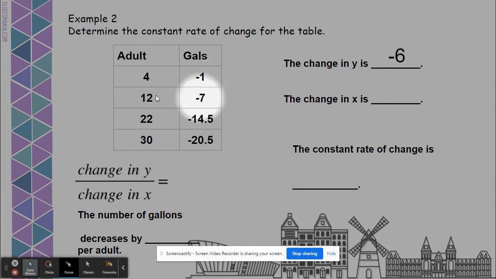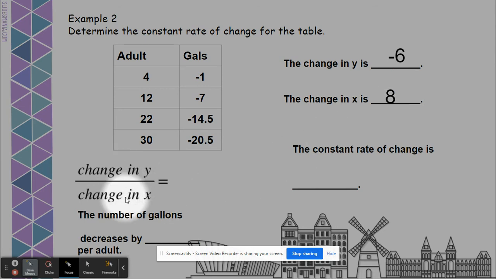That's the change in y. Now I'm going to look at the change in x. 12 minus 4. That's going to end up being 8. All right, so I have a negative number for the change in y, and a positive number for the change in x.